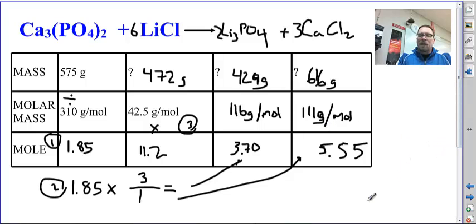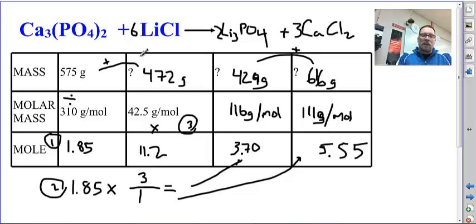Now, one of the quick checks you can do is, if you remember that you cannot create or destroy matter, then if I add my two reactants, they should be roughly the same mass as my two products, with rounding, because I can't create or destroy.